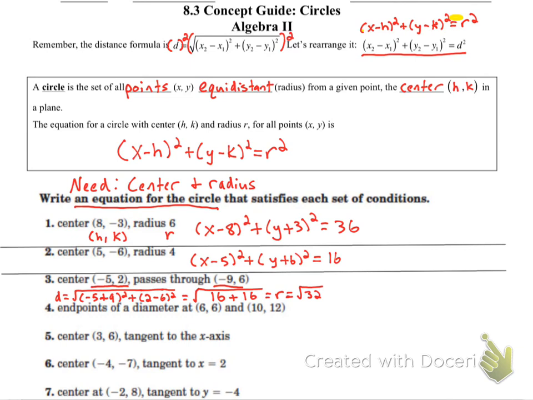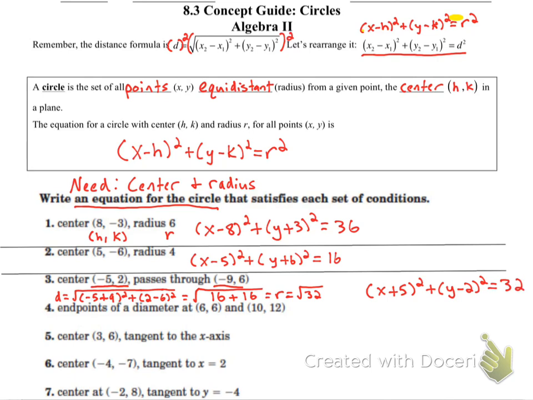If you plug those numbers in, you get the square root of negative 5 plus 9 squared plus 2 minus 6 squared, equals square root of 16 plus 16, equals r equals square root of 32. So now we can write our equation of the circle.